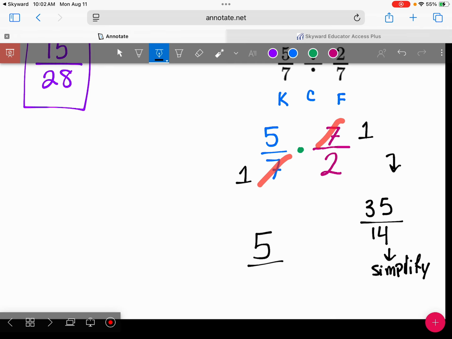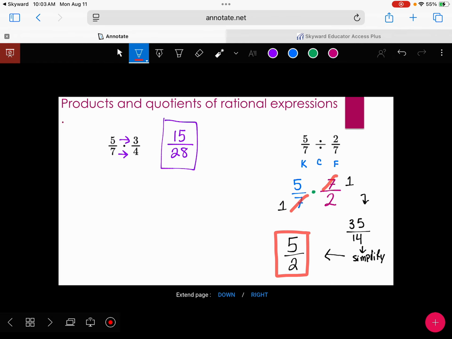And 1 times 2, giving us 2. If we were to simplify 35 over 14, because both of those are divisible by 7, we would wind up exactly at 5 over 2. So you'll get to the same place. You just won't have to do so much simplifying of the fraction if we stop in the multiplication step to try and simplify.